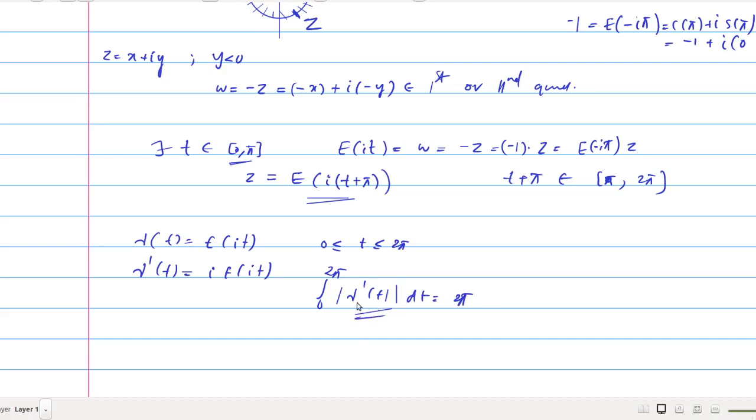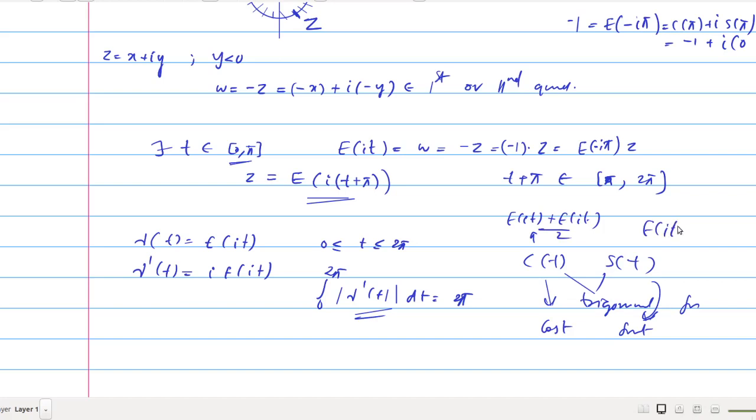So using this you can easily prove that this C of t and S of t satisfy all the properties of the trigonometric functions cos t and sin t. In fact, these two quantities are not only series representations. We already proved that C of t is equal to e of it plus e of minus it by 2, and S of t is e of it minus e of minus it divided by 2i.